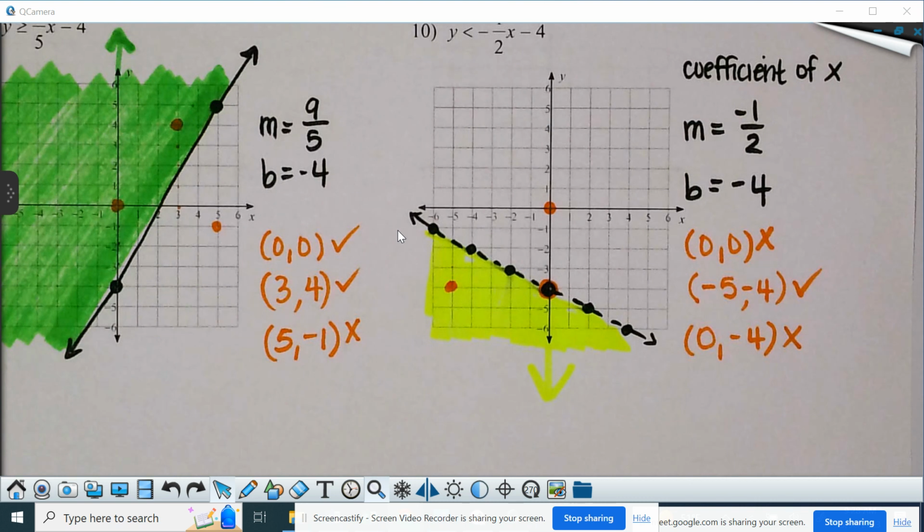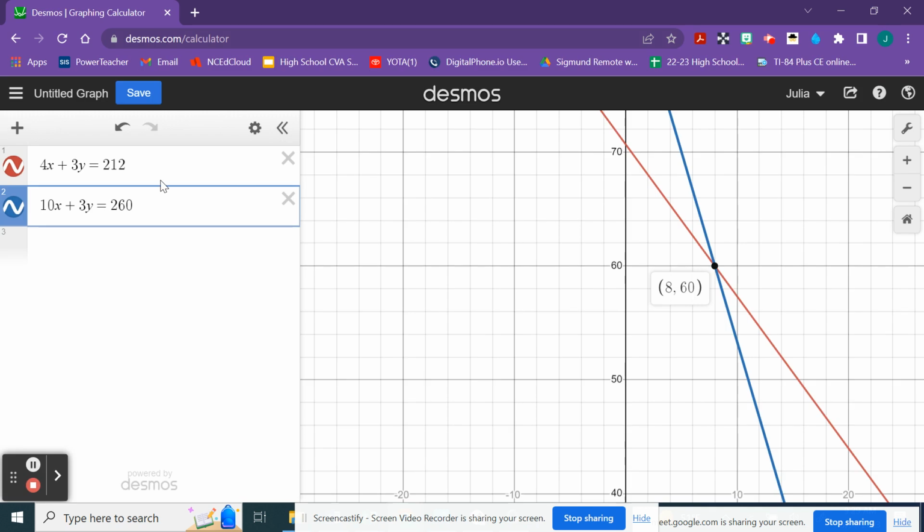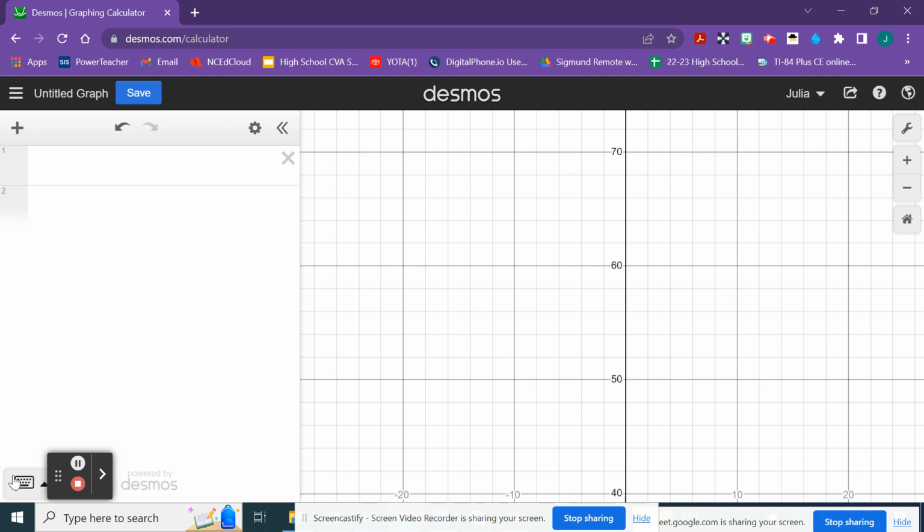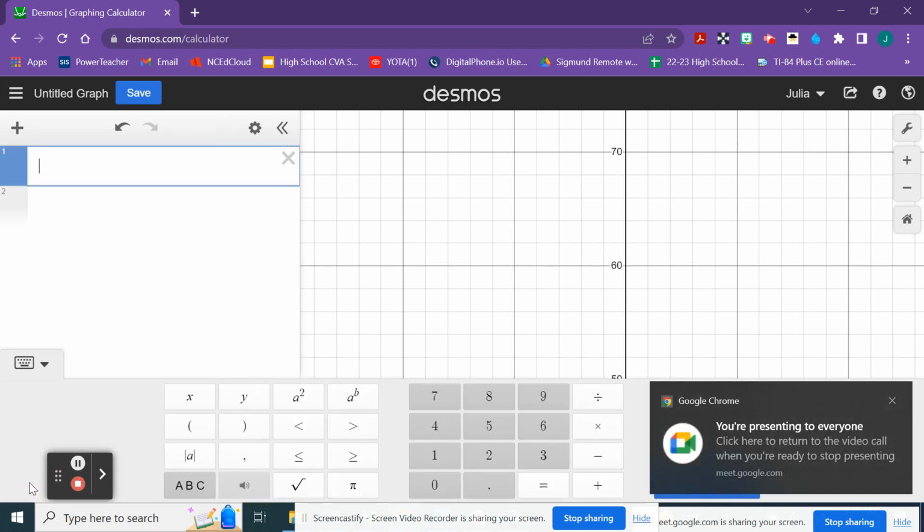Now, just a quick hit in our last 2 minutes. Oh, if I can get my mouse to work. There we go. If we go here, you can type in your inequality. There it is. Calculator. So we're going to type in the last one.